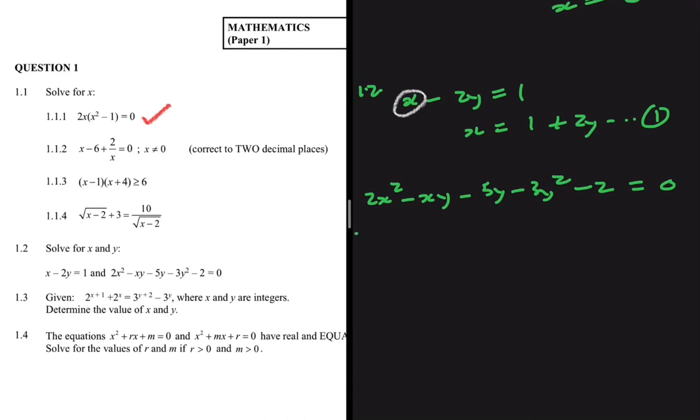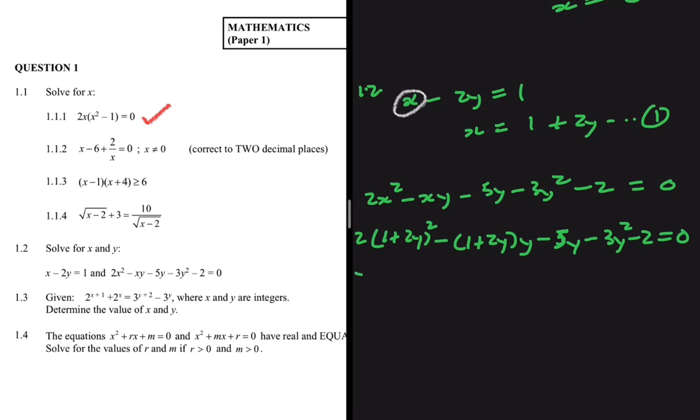We're going to get 2 multiplied by (1 plus 2y) squared, minus, in place of x again, (1 plus 2y) multiplied by y, minus 5y minus 3y squared minus 2 is equal to 0. So let's go ahead and try solving this.